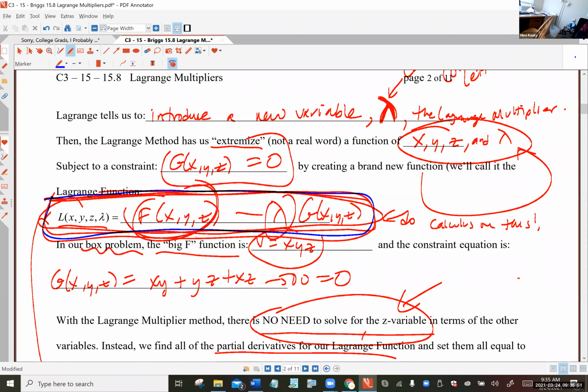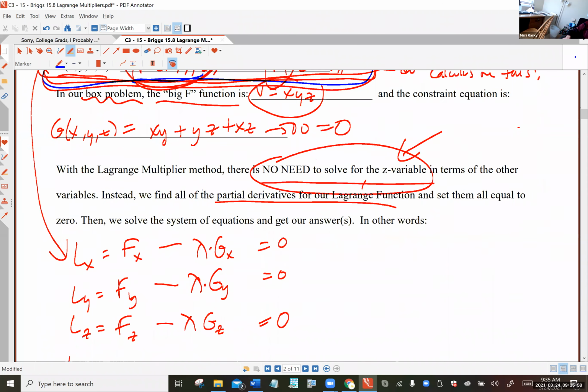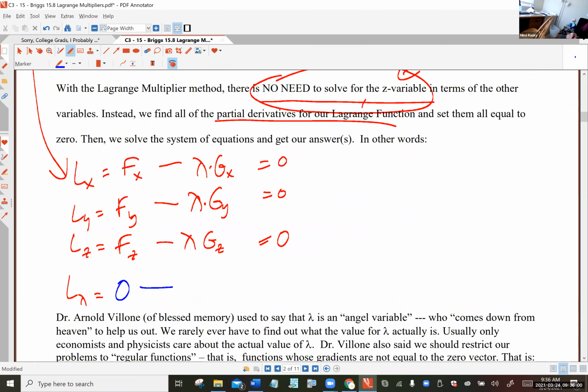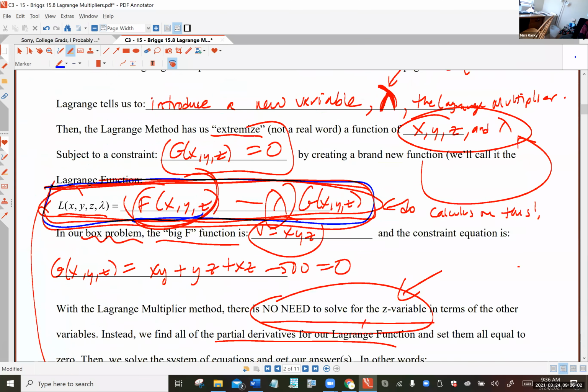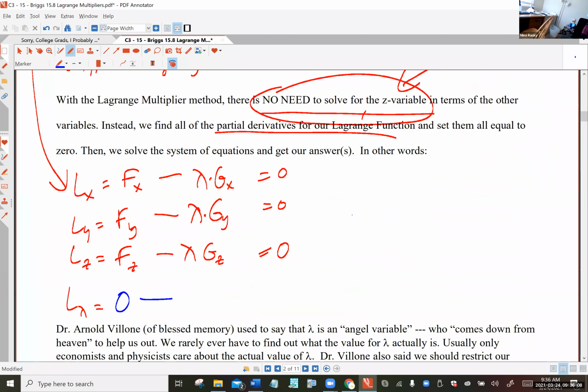Since big F doesn't have any lambdas in it, its partial with respect to lambda is 0. Minus, then when you take the partial of lambda times big G with respect to lambda, and lambda is a variable, you'll just get the g, because g looks like some multiple. And you'll set this equal to 0.